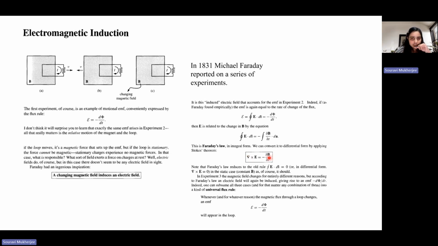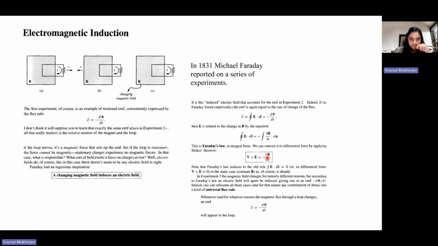But then what we saw here is that now if you are in a region where your magnetic field is changing, or the area linked to your magnetic field is changing, basically if your magnetic flux is changing, right? So in that case there'll be an electric field that would get generated.